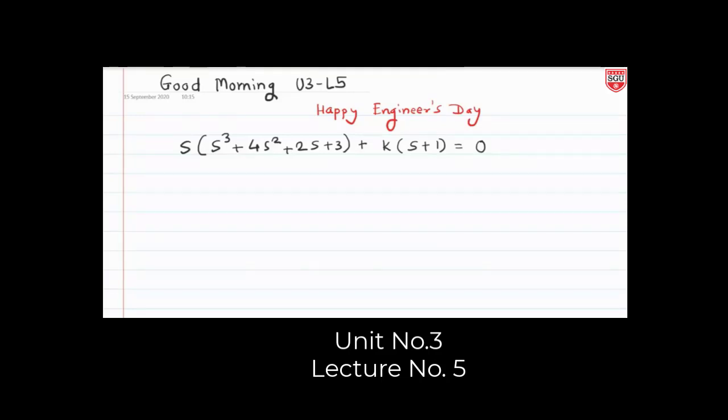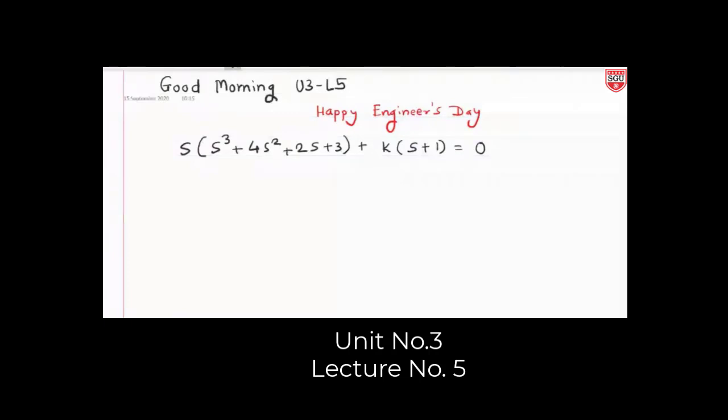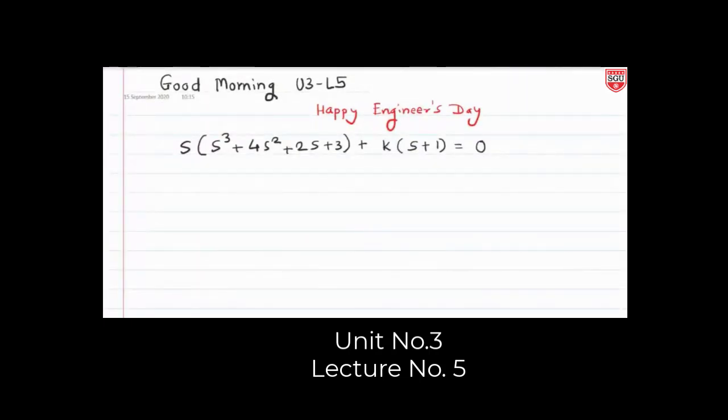So what will be the first step? Initially, we have to simplify the equation because there are some brackets. Multiplying with s inside that bracket, what you will get is s raised to 4 plus 4s cube plus 2s square plus 3s plus ks plus k is equal to 0.